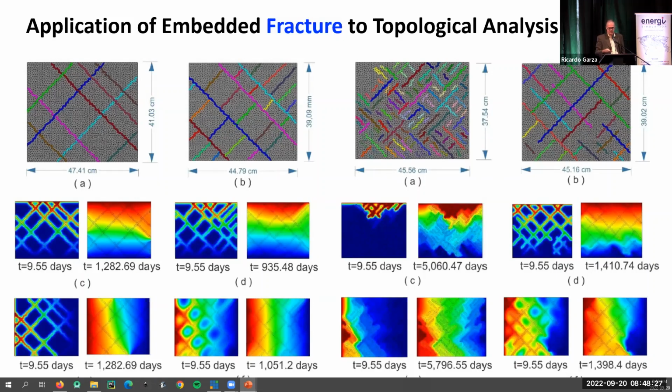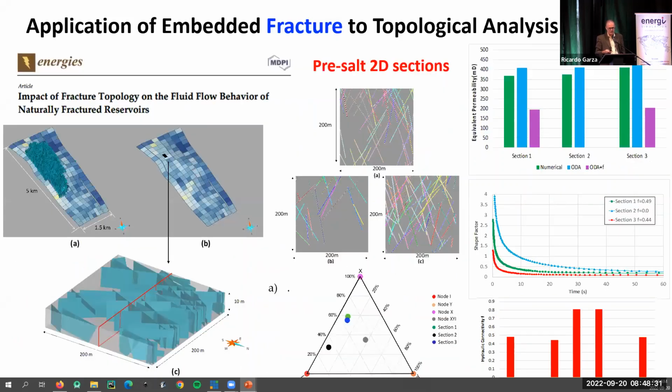This is already published, and we have another PhD work that applies this methodology to a real case of a pre-salt reservoir. In this figure you can see a grid cell of the pre-salt reservoir with about 55 fractures.